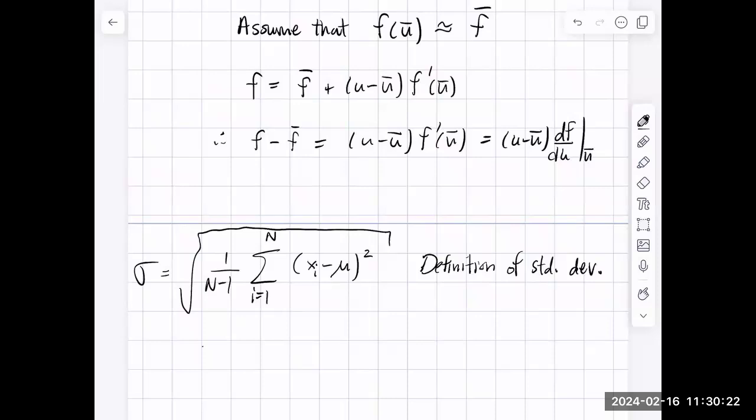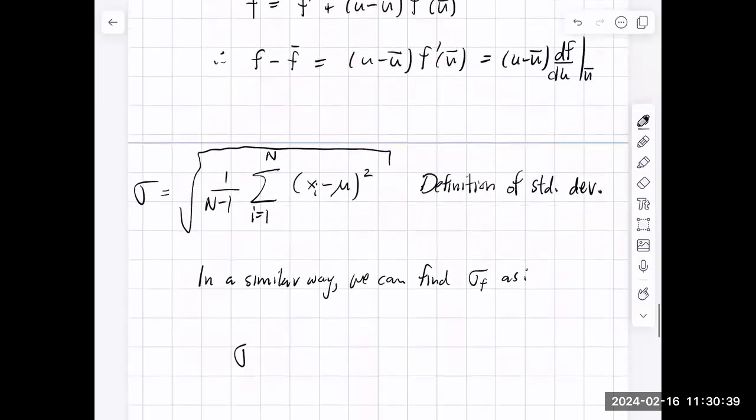Okay, so in a similar way, we can find sigma F. In fact, I don't want to write all these square roots all the time, so I'm going to calculate sigma F squared. Well, what we would do is we would take 1 over n minus 1.